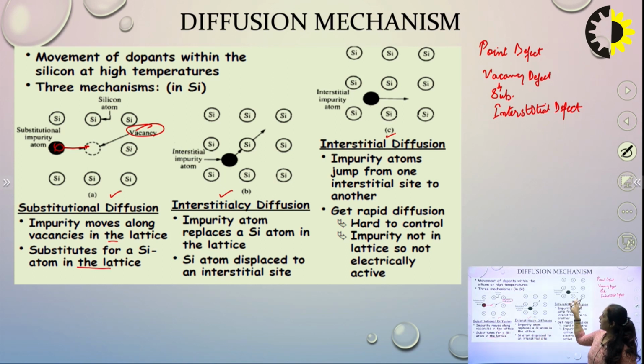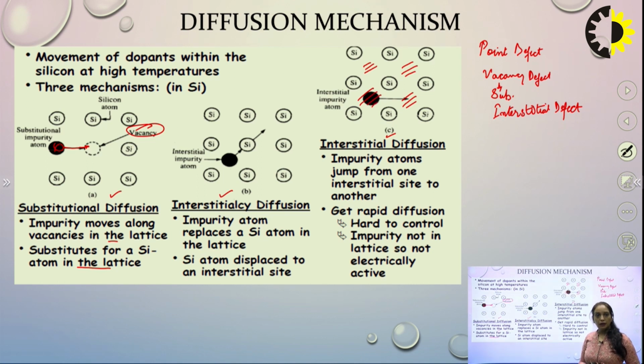Okay. Now, what happens in interstitial diffusion? In the case of interstitial diffusion, the interstitial space is this space, the space which is present between the silicon atoms, right?